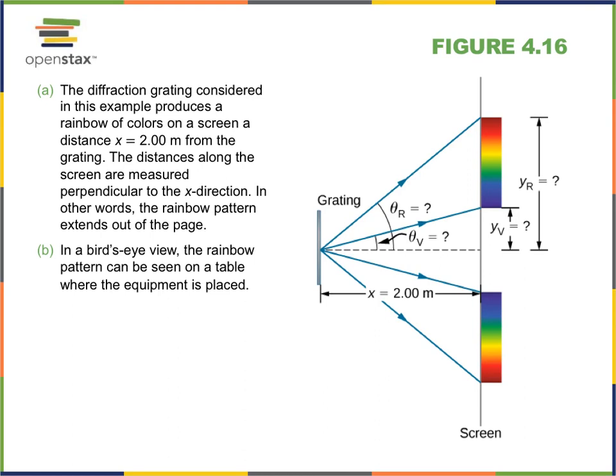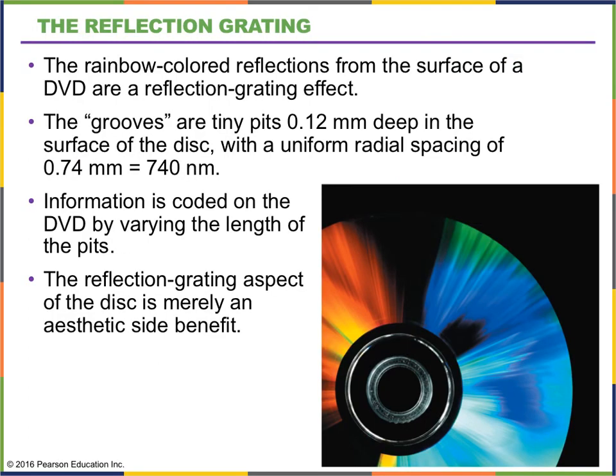Here's another picture illustrating how the angle for, say, the violet light and its position is much different than that for the red light because of their difference in wavelength. That helps you understand why you would see the different colors appear at different orientations. Something similar to a diffraction grating is called a reflection grating, where you have the same effect where the lights interfere constructively at a certain location, but instead of going through slits, they're bouncing off of grooves.